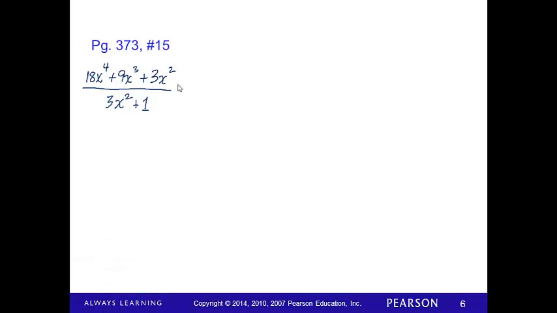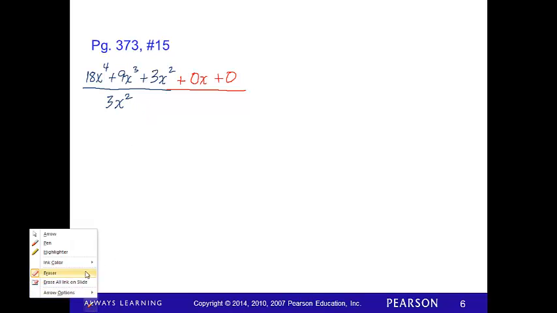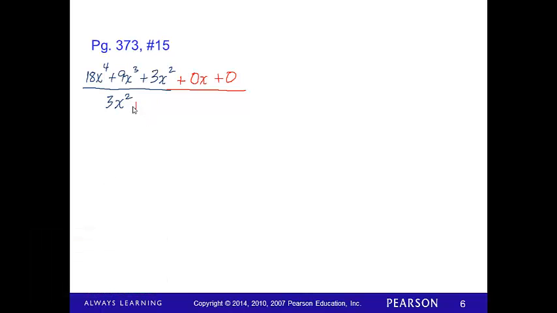So let's replace our missing terms here. We have the 4th power, the 3rd power, the 2nd, so we're missing the x term as well as the constant term. So we fill them in with zeros. And we're also missing an x term in the divisor, so let's fill that in with a zero as well. So that is plus 0x plus 1.